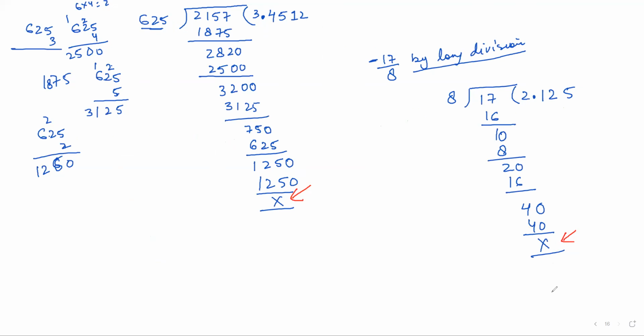So you can see that at some point the division is ending. So we call it terminating. Understood? That means when we are expressing a rational number in decimal representation, the decimal representation is terminating.